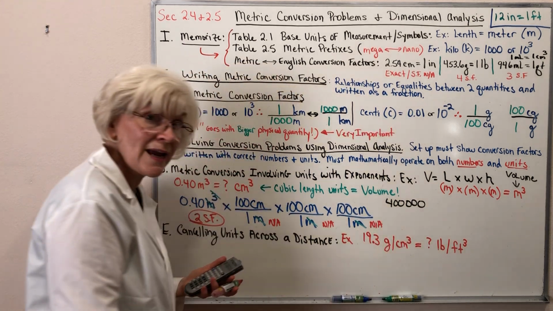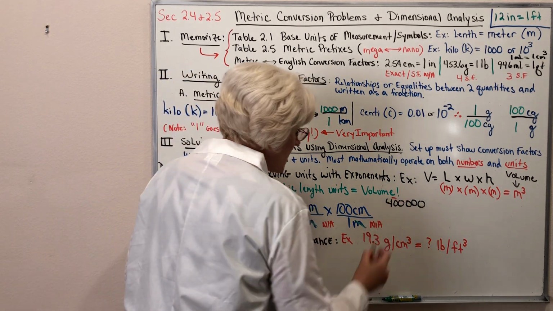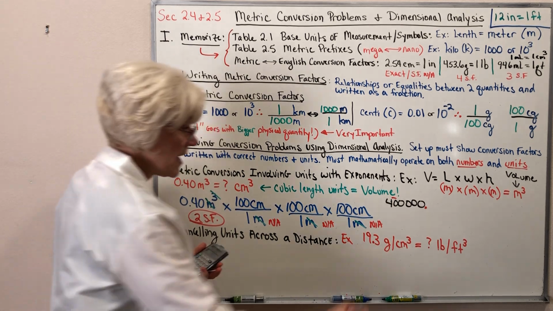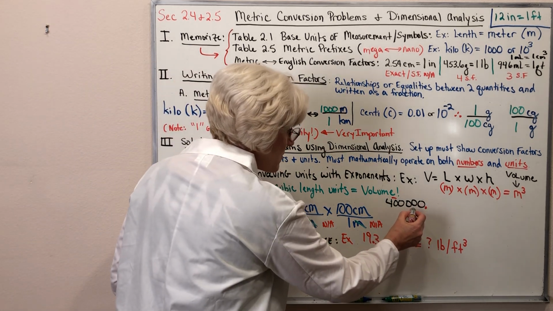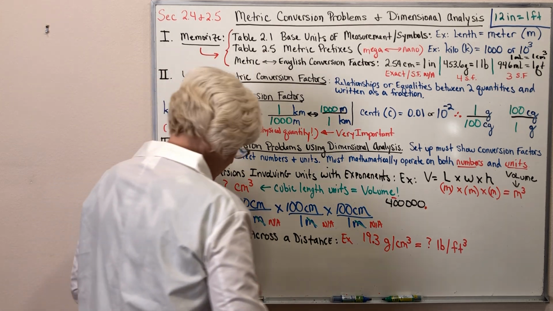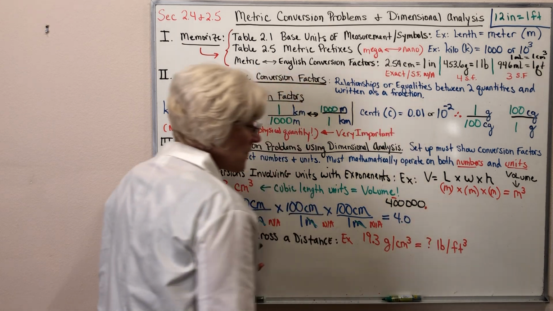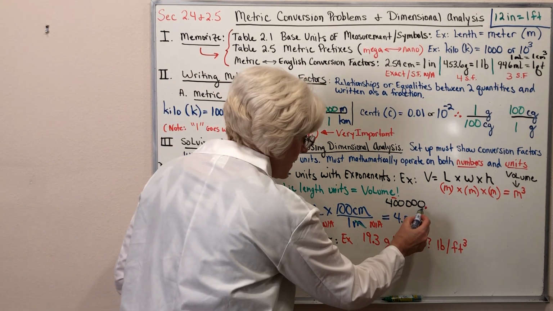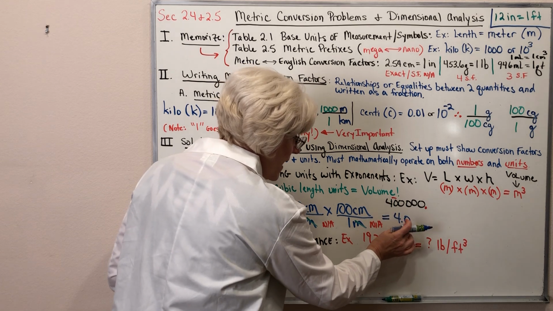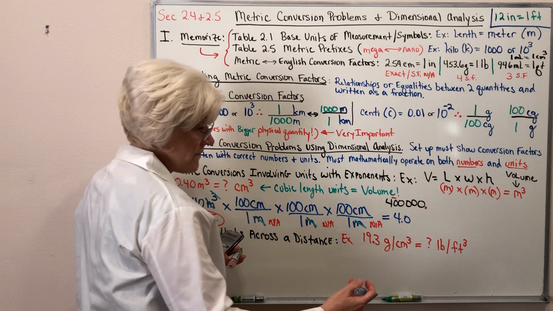So if I want to write this answer with 2 sig figs, I'm going to have to put it in scientific notation, write in that decimal point, and move it to the left 5 spaces so that I have a single non-zero number followed by the decimal point. 1, 2, 3, 4, 5. Remember that any zeros to the right of the decimal point are significant.